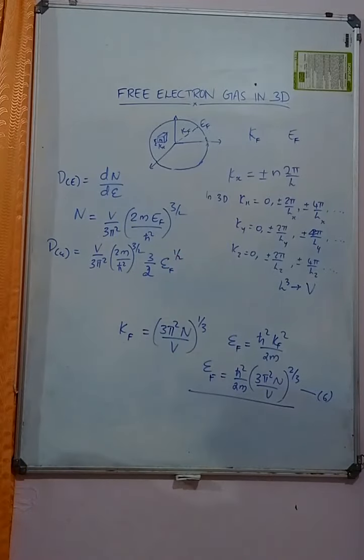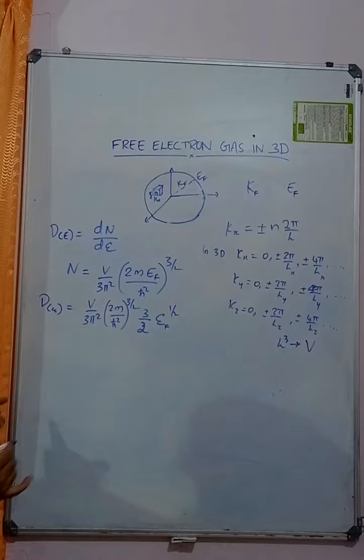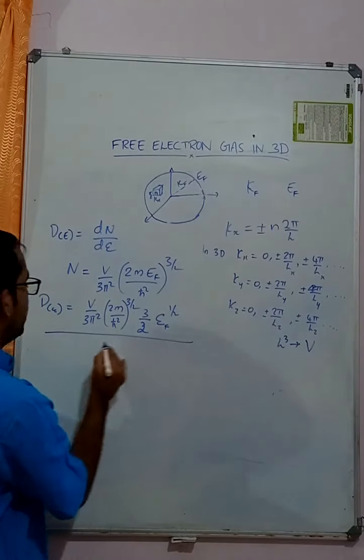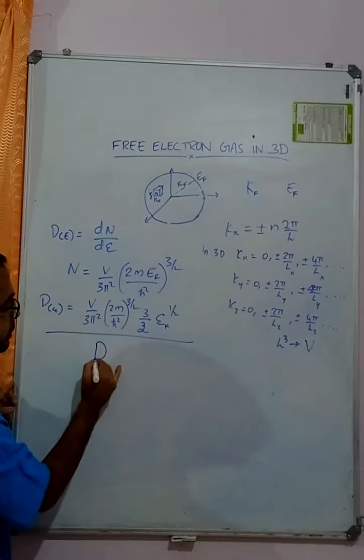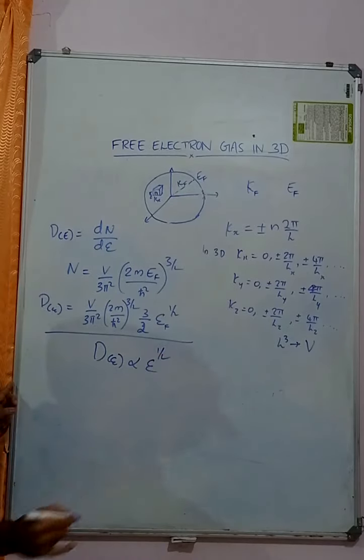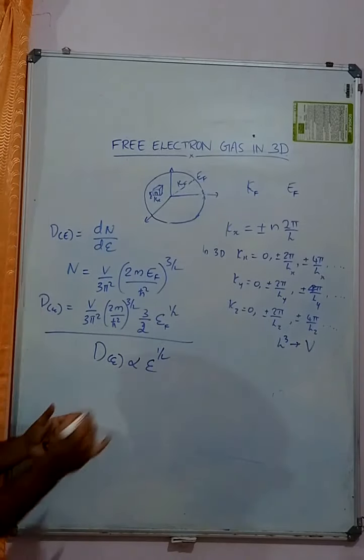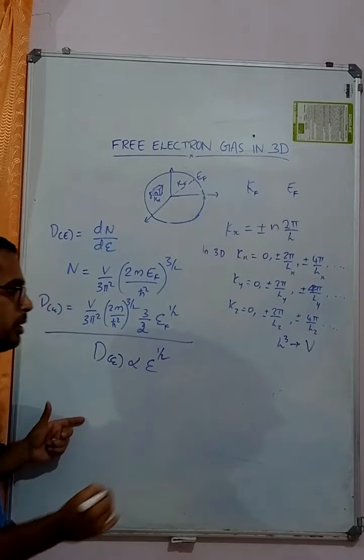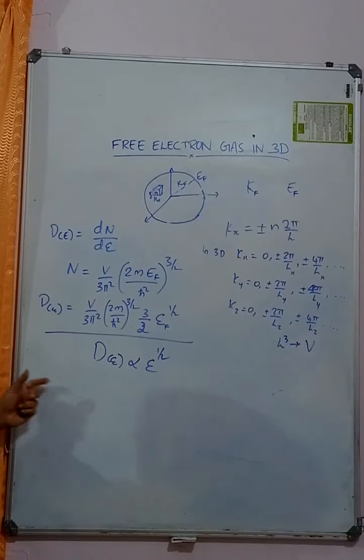So this is the expression for density of states. From this we can see that generally the density of states is proportional to E raised to half. So this is how the density of states is related to energy in general.